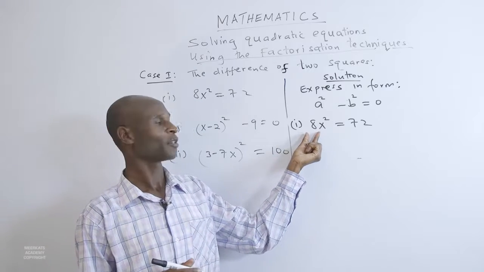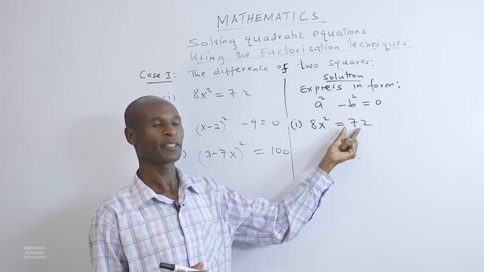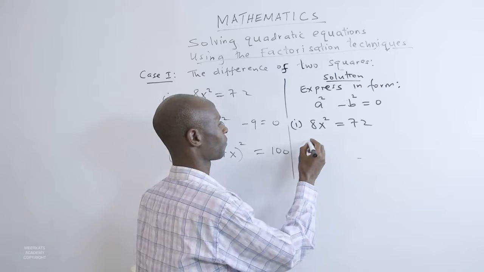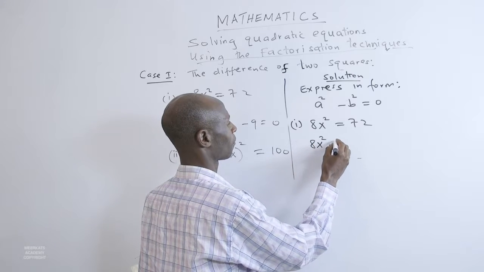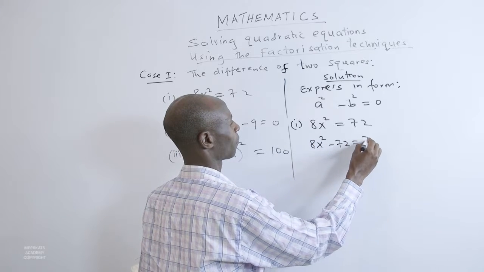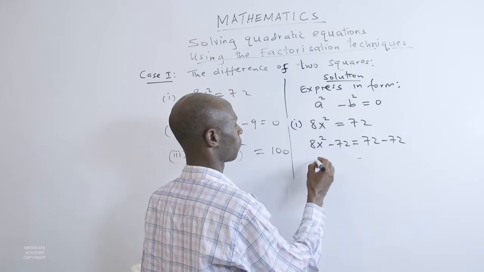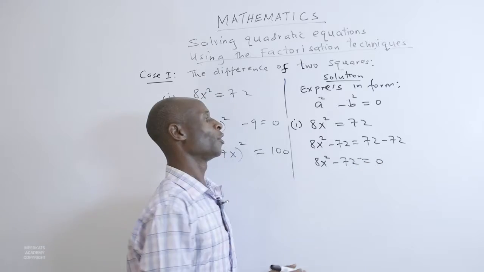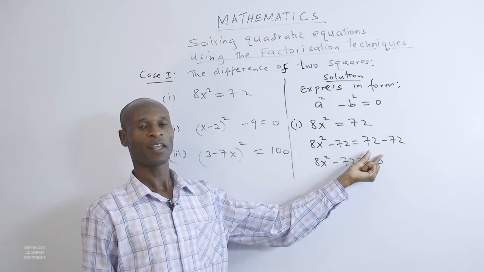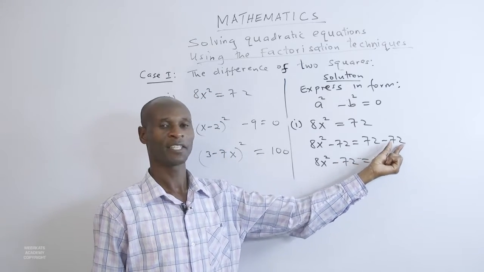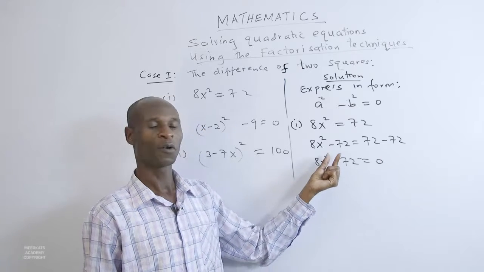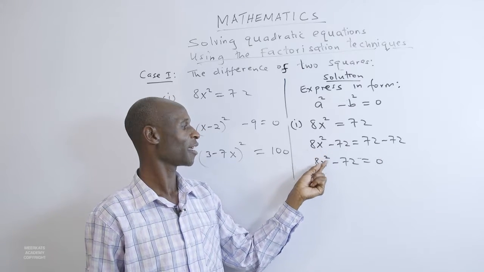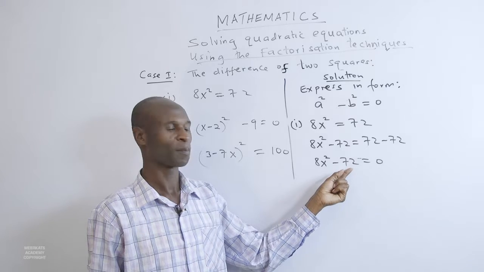To achieve that, we subtract 72 from both sides since it's positive. So on the right hand side, we shall have 72 minus 72, which gives us a 0. Then on the left hand side, we have 8x squared minus 72.